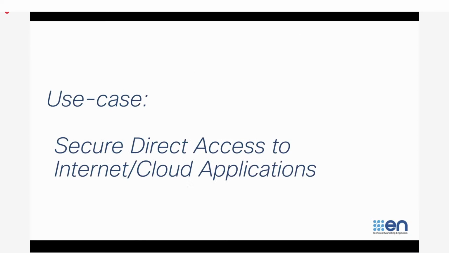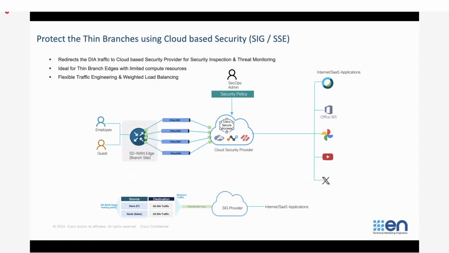Today's use case, as I indicated earlier, is how do we provide secure direct access to internet or cloud applications? Organizations have scenarios where they have their SD-WAN edge devices deployed in ATM sites, like a bank, or a gas station, like retail outlets.